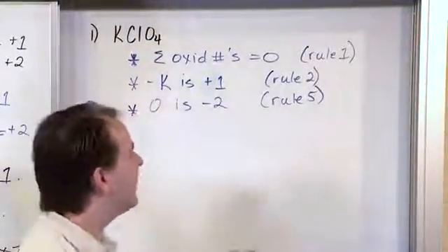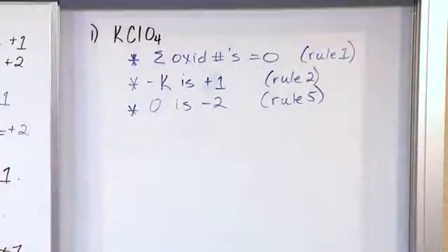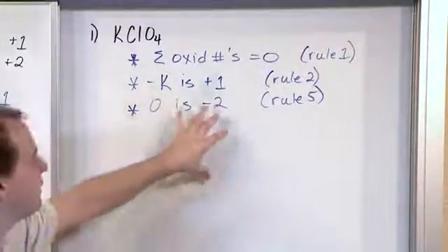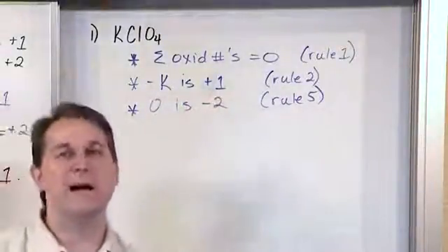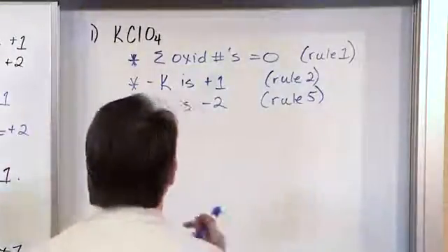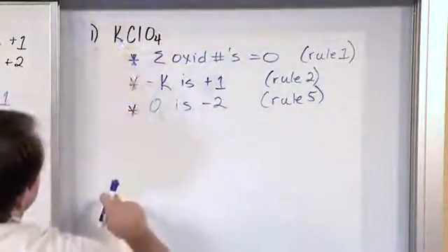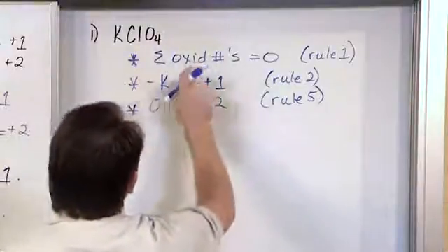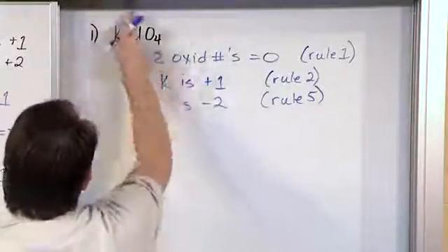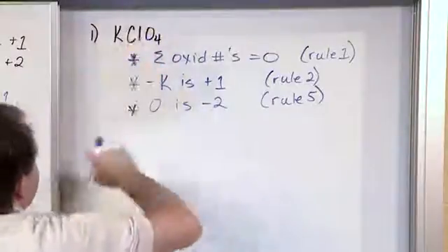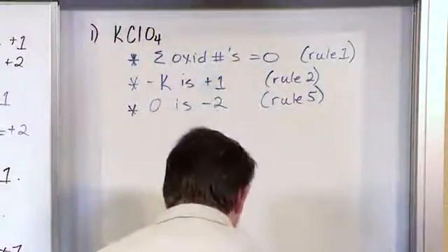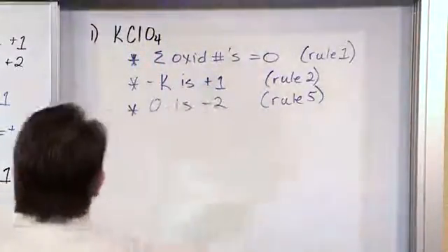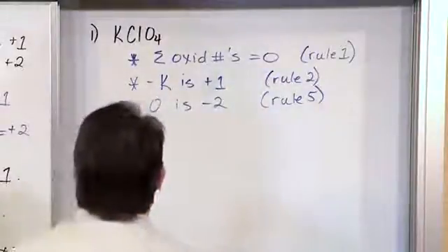Because believe it or not, even without going to the bottom of this list, I actually have enough information here to find the answer. The reason is because I know what potassium is, I know what oxygen is, and I know that the sum of all of these oxidation numbers in this compound has got to be equal to 0. That is critical, crucial information. So let me see if we can use this.